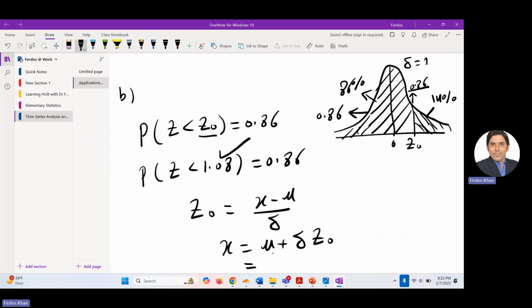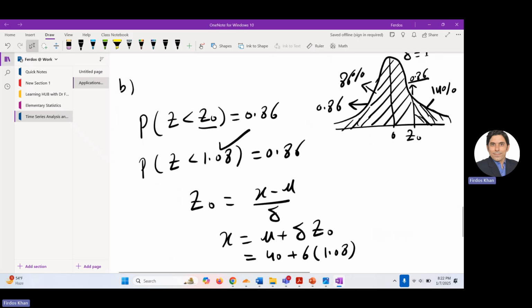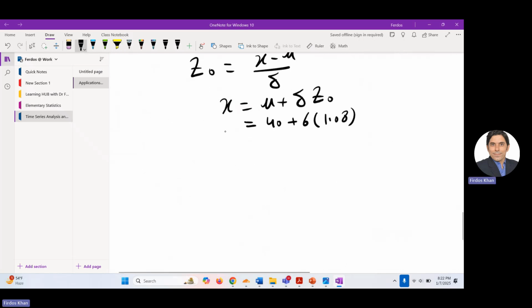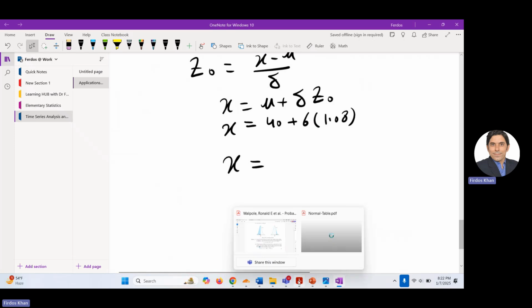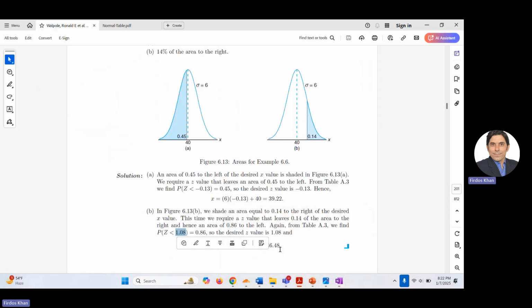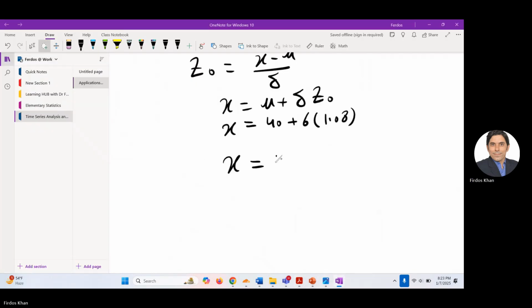You already have mu, that is 40, plus sigma, that is 6, times z naught, 1.08. Solving this for x, you will find 46.48.